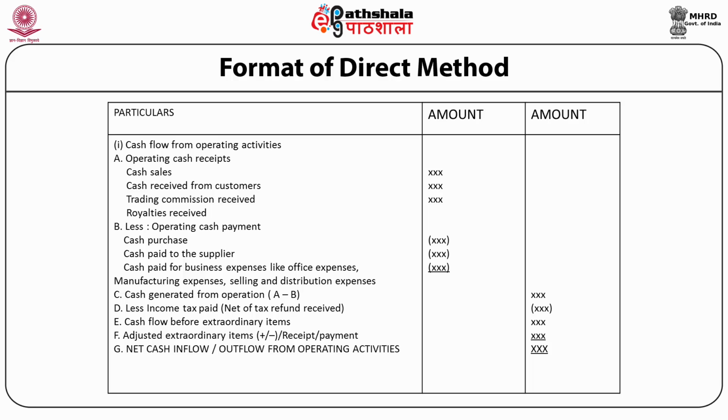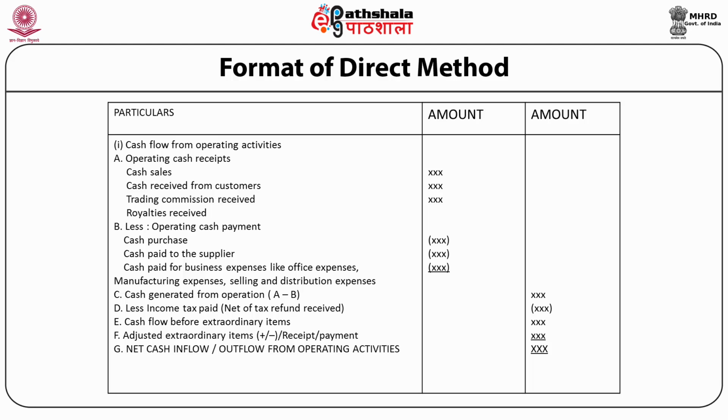In it, we'll write in A part of cash flow from operating activities, operating cash receipts in the inner column, cash sales again in the inner column, cash receipts from customers, trading commission received, royalties received in the inner column.